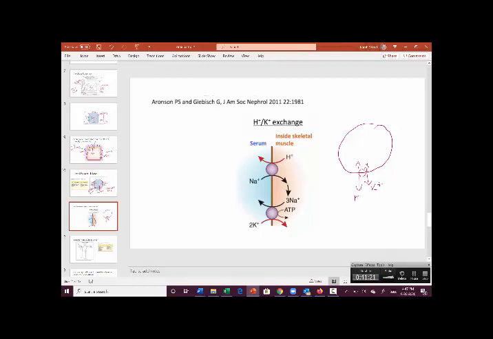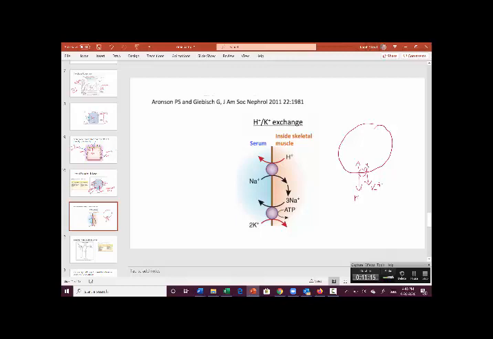An exchanger like that, a hydrogen potassium exchanger, has never been identified in any cell type. But the phenomenon exists. So students say, well then, if the phenomenon exists, but yet there is no actual protein exchanger that's been found, how does this happen?